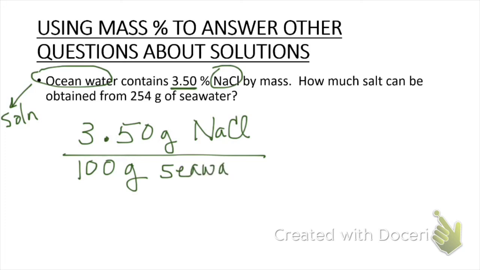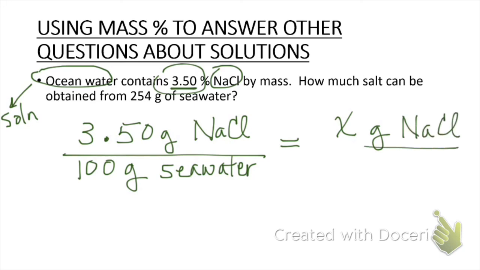That's what 3.5% sodium chloride would mean. So we simply want to look at this percent again as a ratio, and we want to know how much of the salt, so our solute, would we have if I had 254 grams of the solution, which is the seawater.